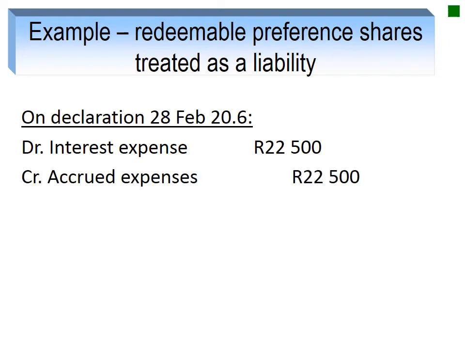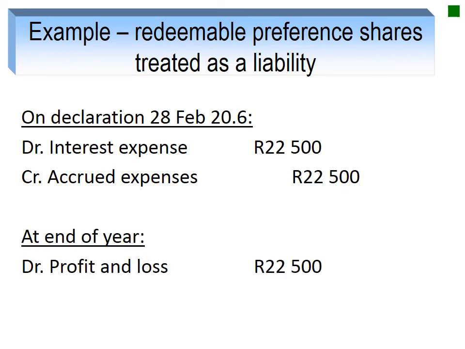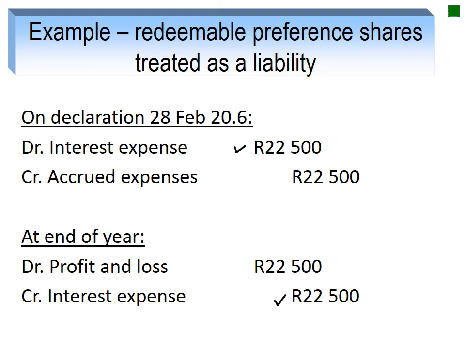And you'll credit accrued expenses, which will go on your statement of financial position under current liabilities with trade and other creditors. At the end of the year, the 22,500 Rand for interest expense is going to get taken out of the interest expense account. We'll credit the interest expense account and debit the profit and loss account, because all expenses and incomes get cleared to the profit and loss account at the end of the year.